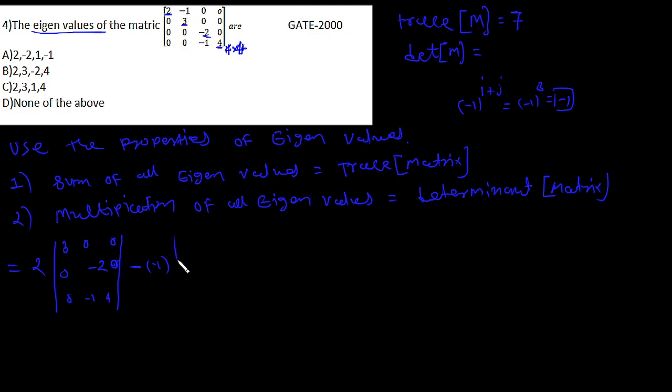For the remaining part, we have to delete this first row and this second column, because minus 1 corresponds to the next column. So the remaining 3 cross 3 is 0 0 0, 0 minus 2 0, 0 minus 1 4.